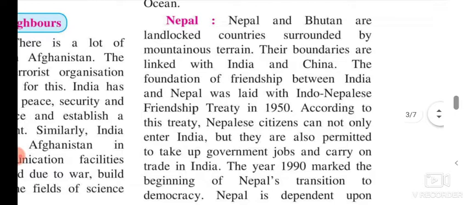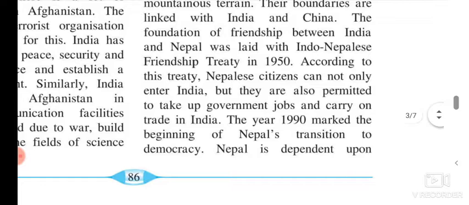Nepal. Nepal and Bhutan are landlocked countries surrounded by mountain terrains. Their boundaries are linked with India and China. The foundation of friendship between India and Nepal was laid with the Indo-Nepal Friendship Treaty in 1950. According to this treaty, Nepali citizens can not only enter India but can also be permitted to take up government jobs and carry on trade with India.